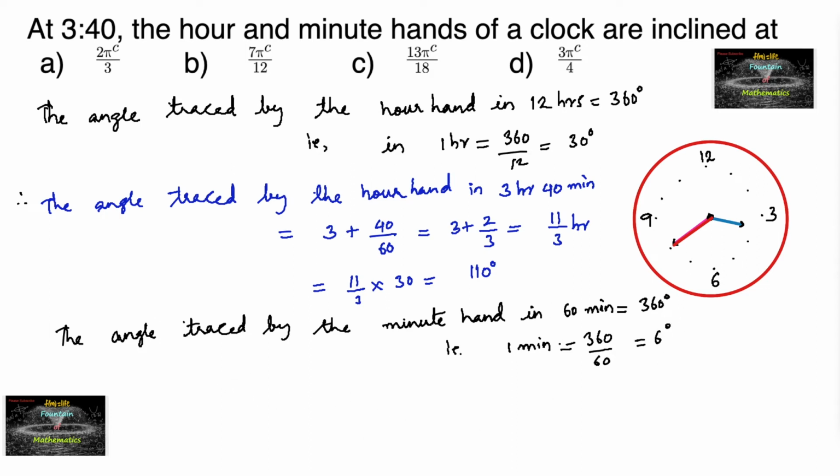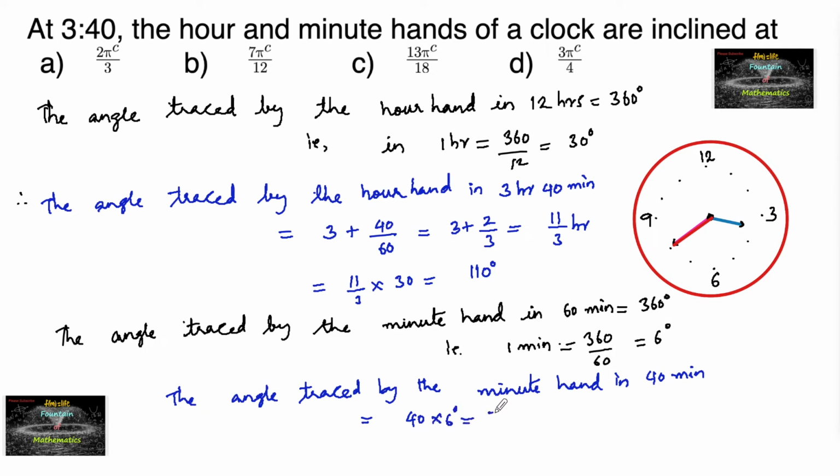So therefore we can write the angle traced by the minute hand in 40 minutes, which equals 40 into 6 degrees, that is 240 degrees.